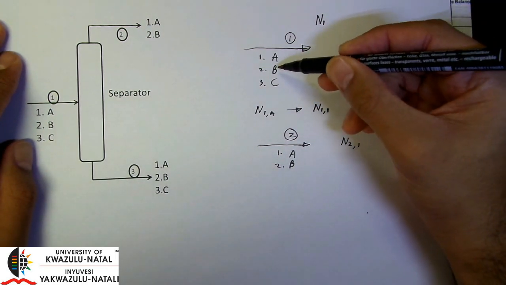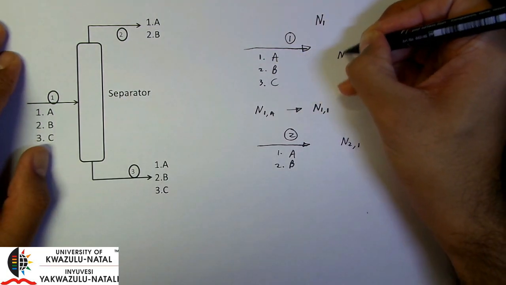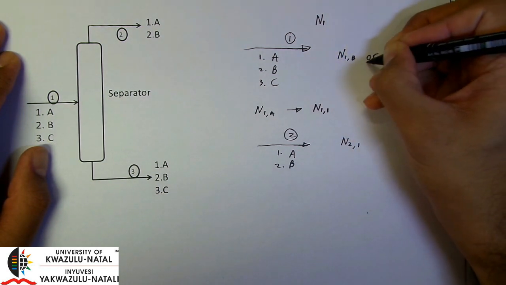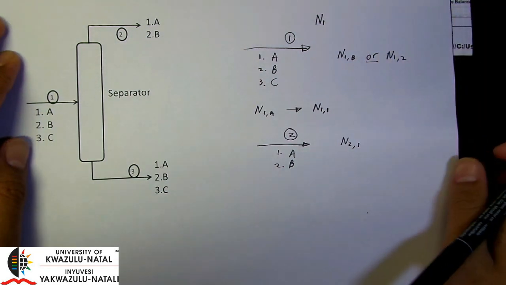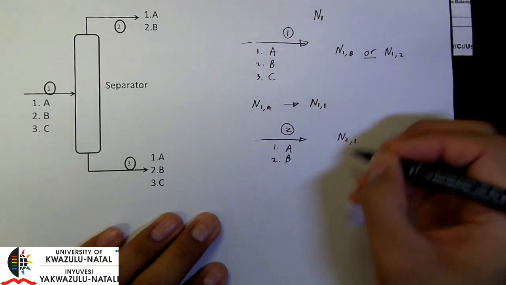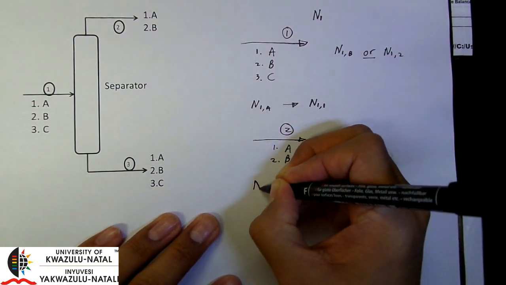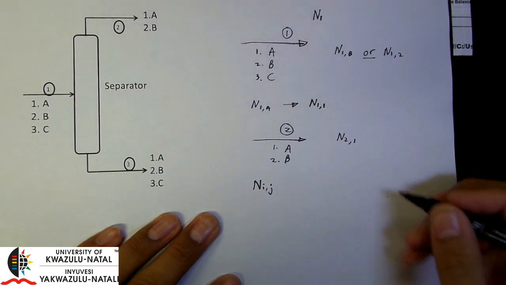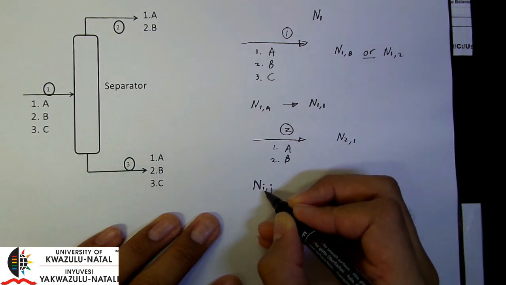If I have to look at the flow rate of component B in stream 1, that will be written as N1B or N12. Okay, now in general, for any component in any stream, we can say that Ni,j is the flow rate of component j in stream i.